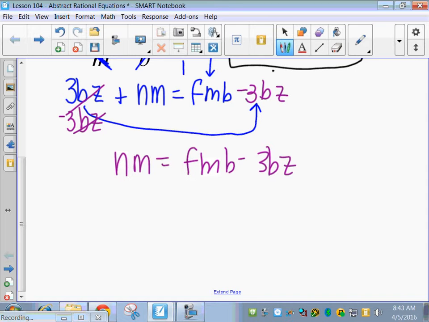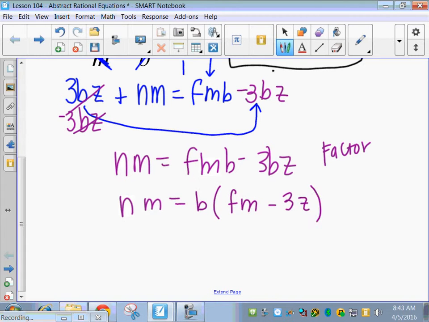All right. Next step is to factor out the b. So I've got nm, and on the right-hand side we have a common b. And then if I take out the b, what's left is both of those terms without the b, because we put it in the front.